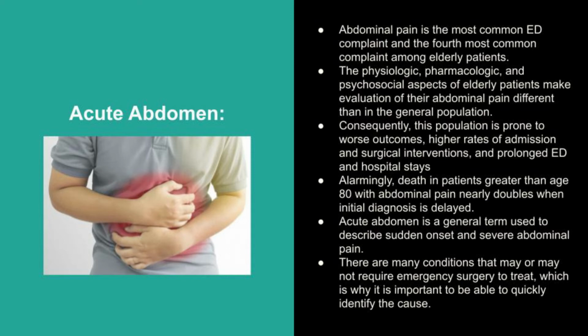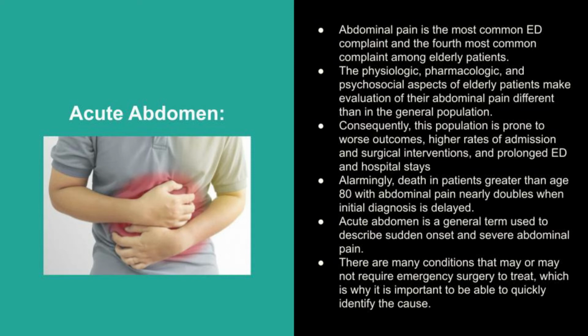And unfortunately, this population is prone to worse outcomes, higher rates of admission into the hospital, surgical interventions, and prolonged emergency room and hospital stays. Alarmingly, death in patients greater than age 80 with abdominal pain nearly doubles when initial diagnosis is delayed. Again, this is why it's important to recognize symptoms early.